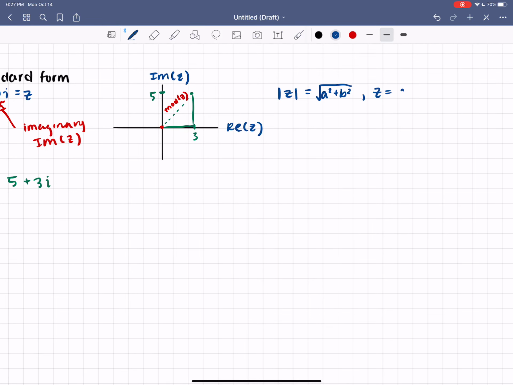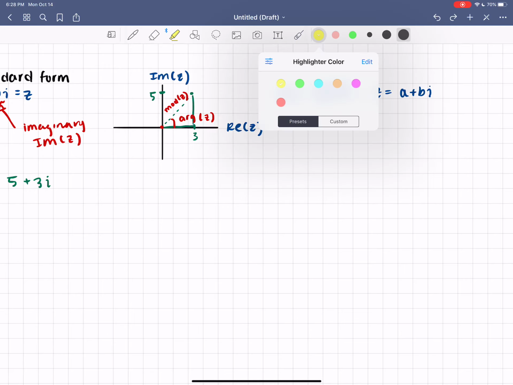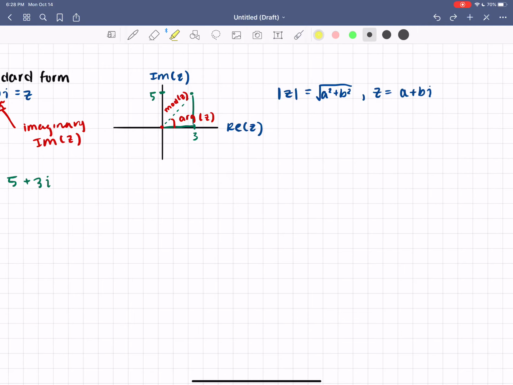Now there's another term you should know, and it's called the argument. The argument is essentially the angle of your complex point with reference to the positive horizontal. The positive horizontal is right here. That's your positive horizontal.